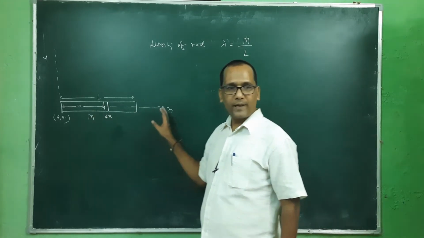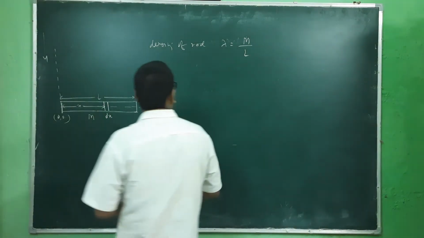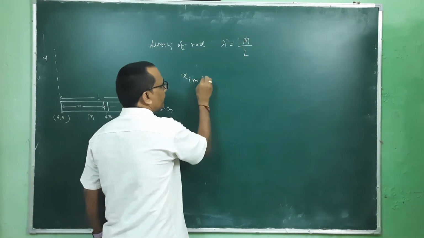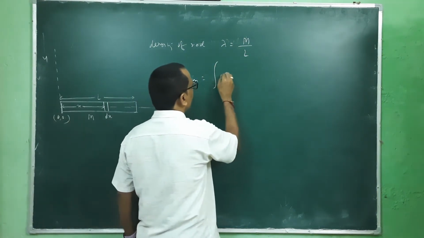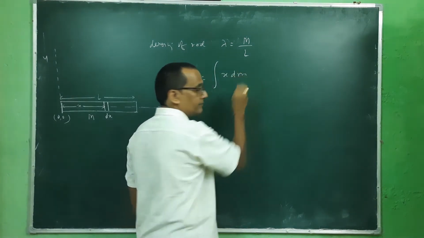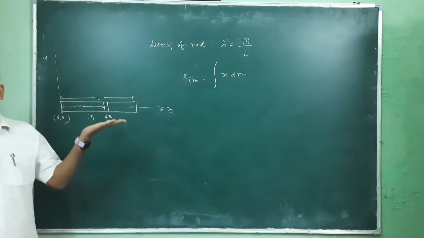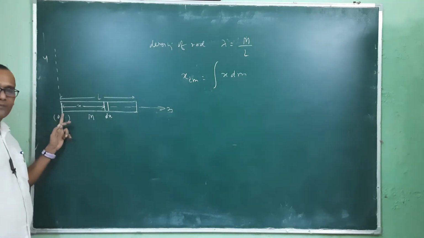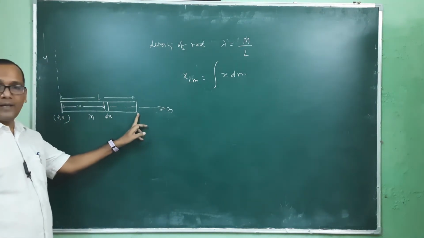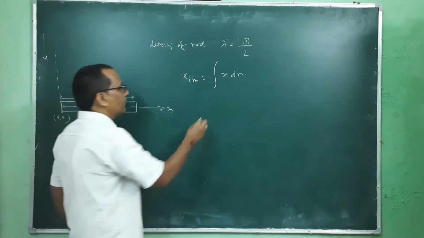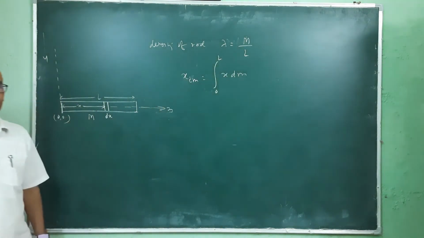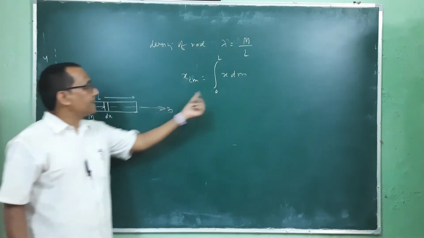Okay, the system is along the x-axis, so for total xcm we will use this formula, integration of x dm. We will use this formula because the system is along the x-axis only, and the limit is starting from 0 up to L. So in the integration we will use the limit 0 to L. So this x is given.